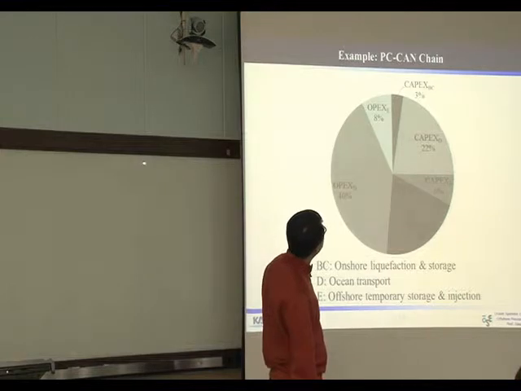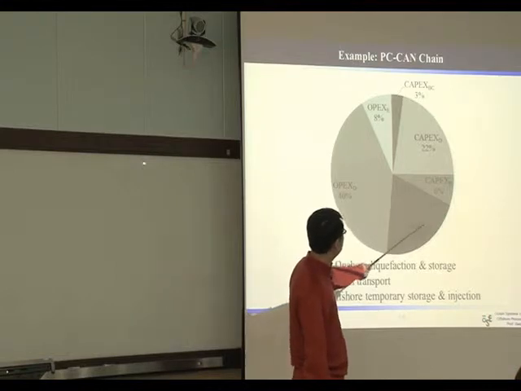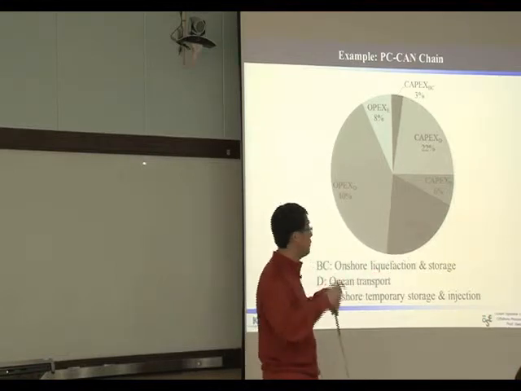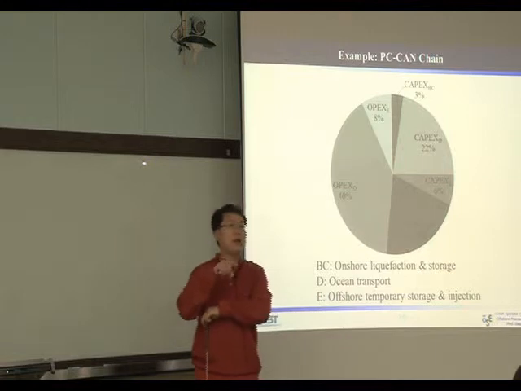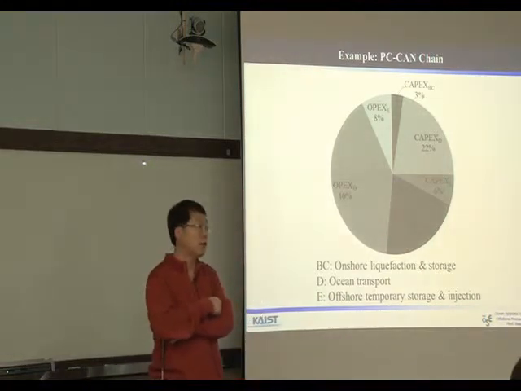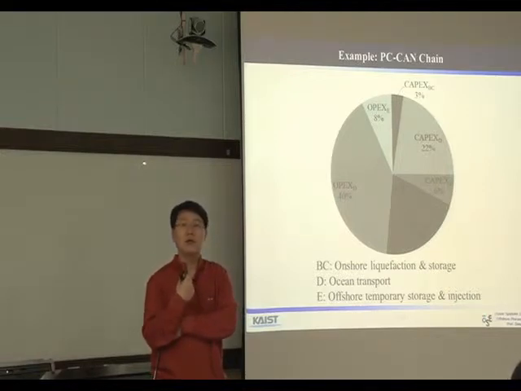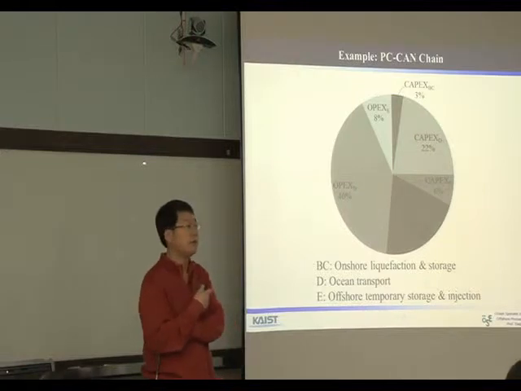But the OPEX BC, I think it's OPEX BC, not LC. OPEX BC is the operating cost for the liquefaction plant. So the liquefaction plant consumes a huge amount of energy.